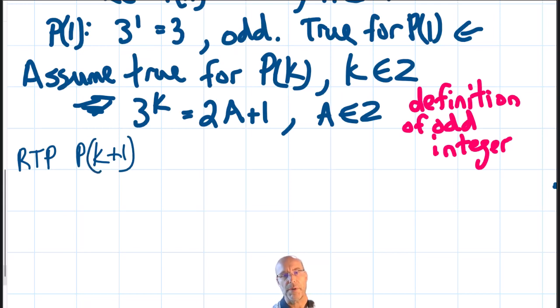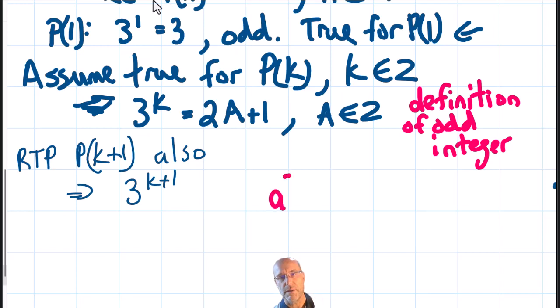Sharpening my pen here, a little bit finer font, because we've got a little bit of algebra to do. In fact, we have index laws to do. So if it's also true for P(k+1), this implies that we have 3 to the k plus 1. Now, index laws: if we have a to the x plus y, where a is some base and x and y are indices, you should know by now that that's a to the x multiplied by a to the y.